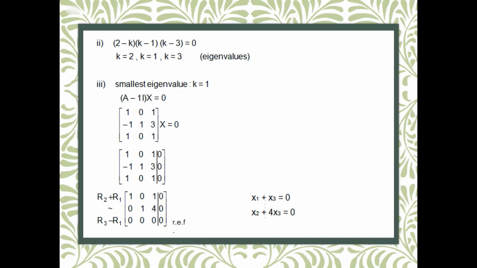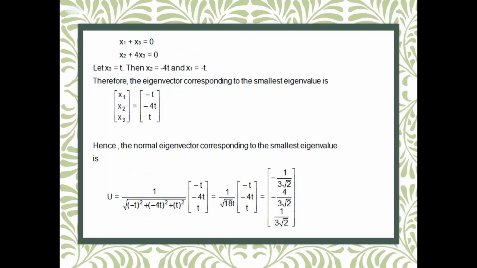As the matrix is now in row echelon form, proceed with the second stage of back substitution. Based on the augmented matrix in row echelon form, there are two equations that you can obtain, which are x1 plus x3 equal to 0 and x2 plus 4x3 equal to 0. As the number of equations is 2 and the number of unknowns is 3, you need to assume that there is another equation by letting x3 equal to t.